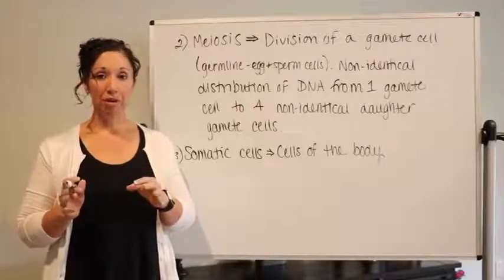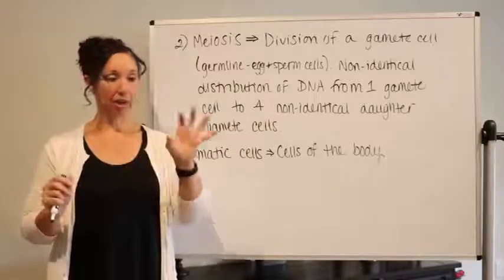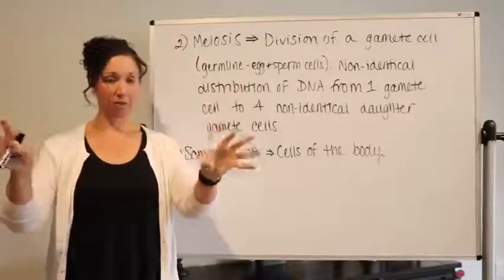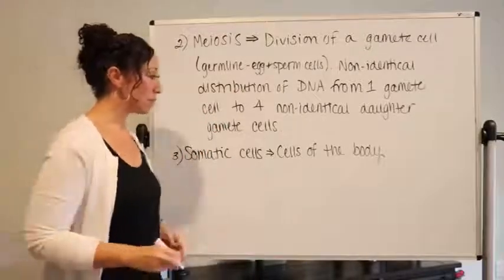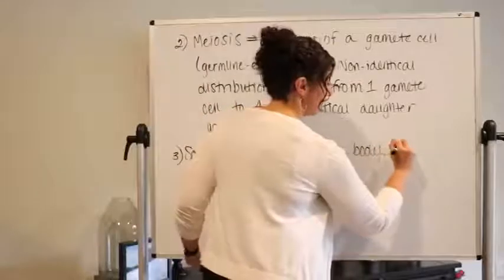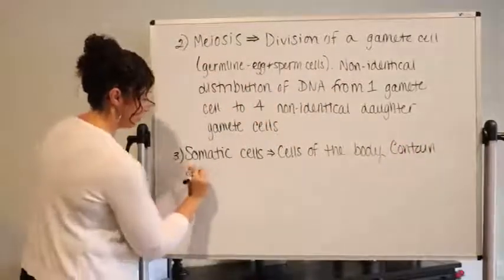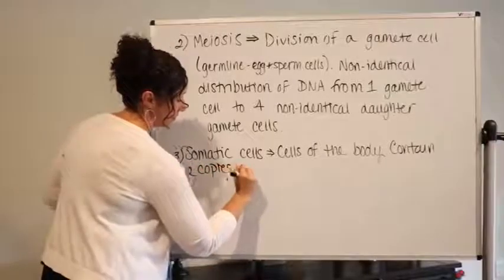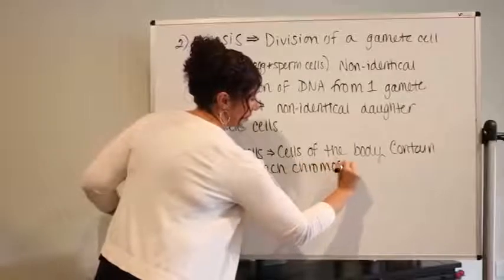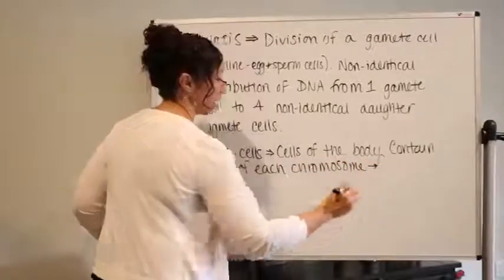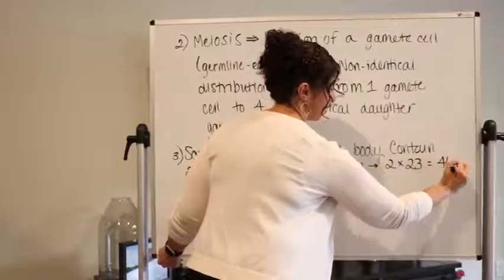And if you were to number chromosomes 1 to 23 from mom and 1 to 23 from dad, you would have 2 copies of number 1, 2 copies of number 2, and so on. That's what we're talking about. So cells of the body, they contain 2 copies of each chromosome. So if you were to define that, it would be 2 times 23, so you have a total of 46.